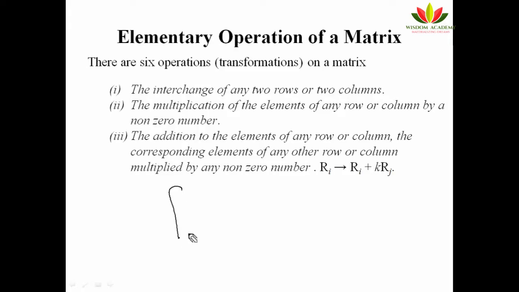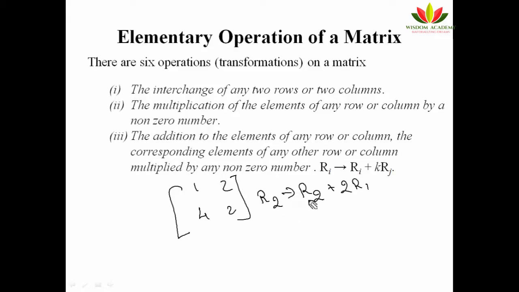If I take a matrix like this, 1, 2, 4, 2, I can write R2 is going to be R2 plus 2R1. That is, I can add, and at the same time multiply, a row. There is nothing wrong in that.